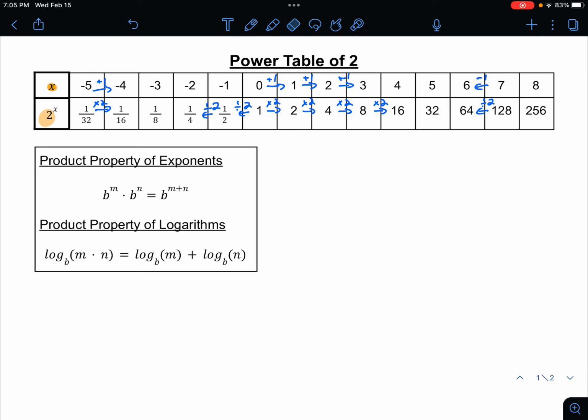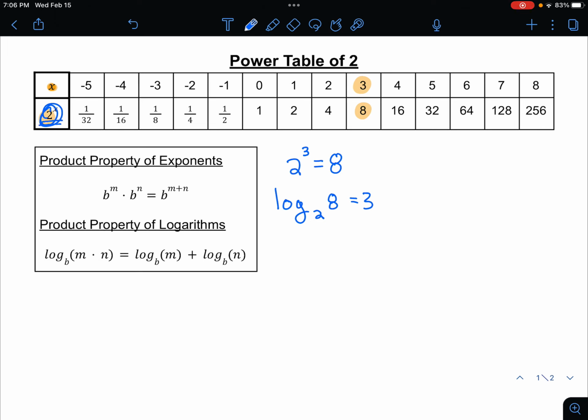So with that in mind, let's take a look at an example of one of the things the power table helps us to see. We have our base of 2 to the power of x, and say we raise 2 to the third power, we're going to get 8. So the first thing we can say is 2 to the third equals 8. But we also have this relationship that if we speak in terms of logarithms, we can say log base 2 of 8 is equal to 3.